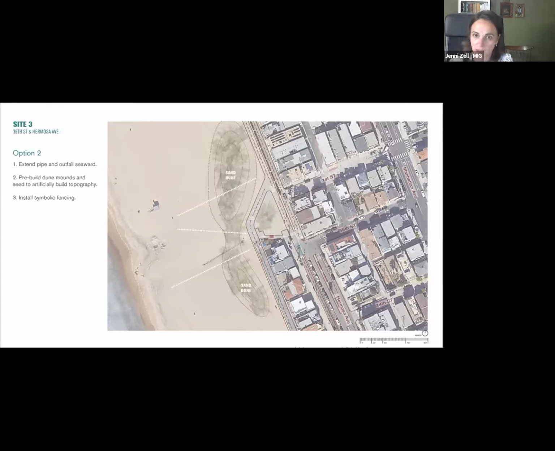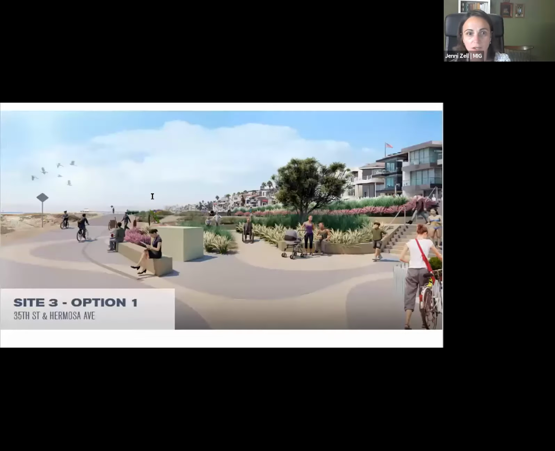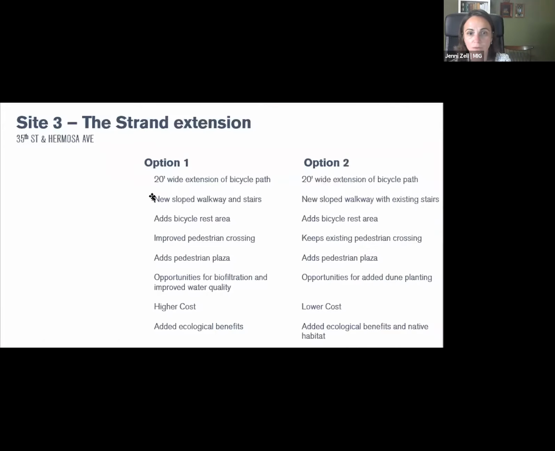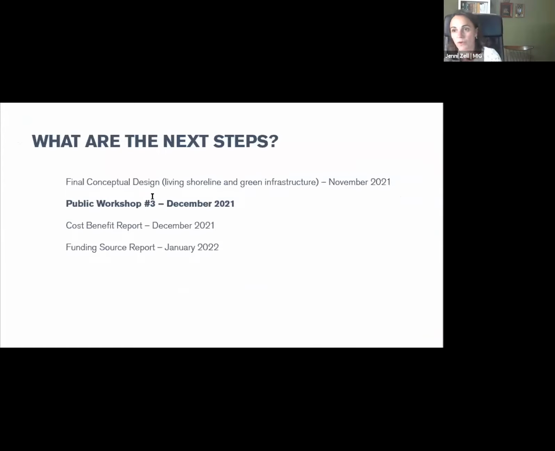As far as our slides, I think really the last thing that we wanted to go over is our next steps. Our next steps are to take the feedback, go back to the drawing board in some of these cases, and we've got a few more stakeholder groups to meet with and do some refinement with our consultant team, and get ready to present the draft conceptual design to the public.